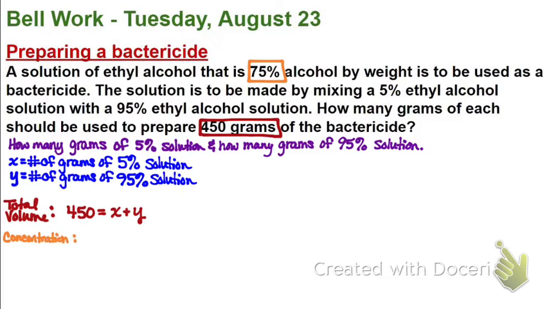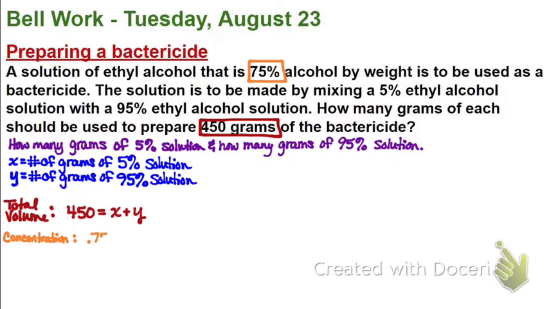And I'm going to use this equation to just talk about the amount of alcohol present in each of these different things. So we know we want it to be 75% alcohol, but 75% of what? 75% of that 450 grams at the end needs to be made up of alcohol.